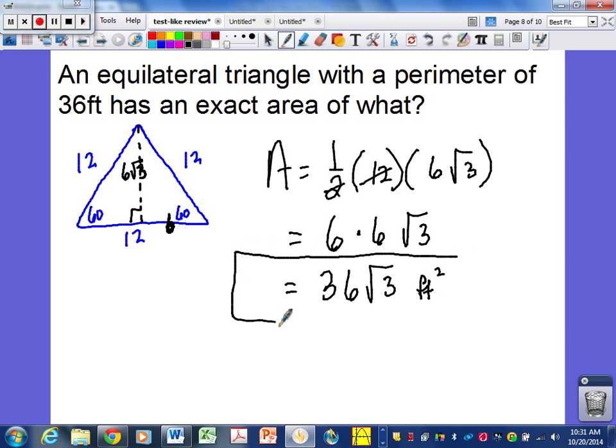It has a radical in it. If it wanted the approximation, then you could have decimalized it. But always for an equilateral triangle, you break the height down and you have a special right triangle, a 30, 60, 90, where this always bisects your base, and this is the long leg of a 30, 60, 90. Okay? Always with equilateral triangles.